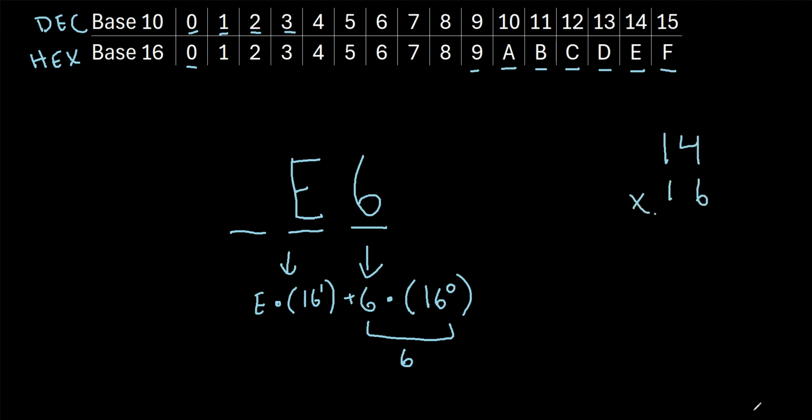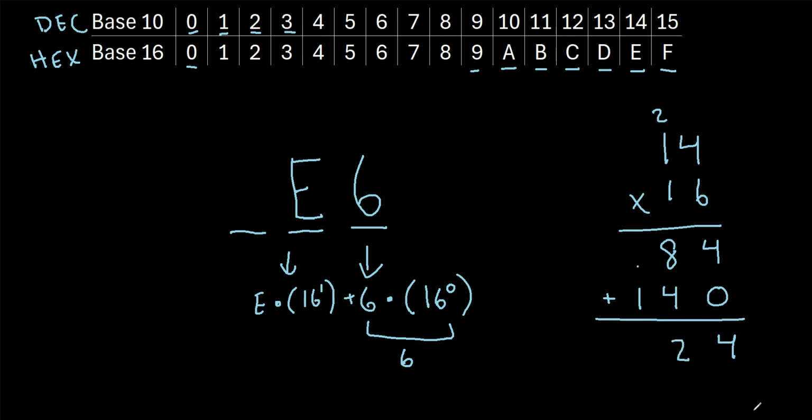14 times 16. So 6 times 4 is 24. We'll place the 4 here and the 2 here. 6 times 1 is 6, plus 2 is 8. We'll write a 0. Then we have 1 times 4, which is 4, and 1 times 1, which is 1. So when we add these values, we get 4 plus 0 is 4. 8 plus 4 is 12. We'll write the 2 here and the 1 here, and 1 plus 1 is 2.